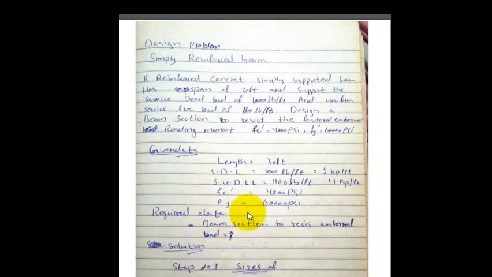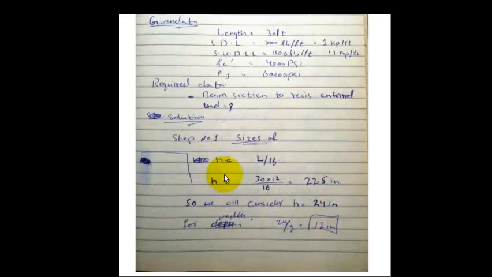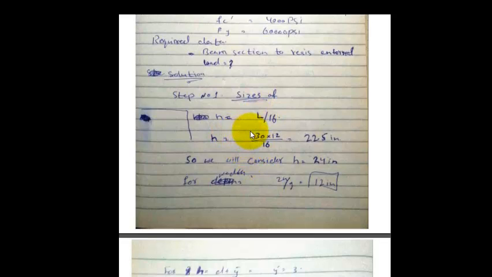Solution. We start; the first step is how to give the size to that beam. The length has already been given in the question and we just have to find the depth and breadth of that section. The depth we can find from L by 16.